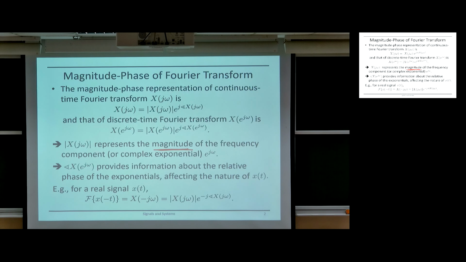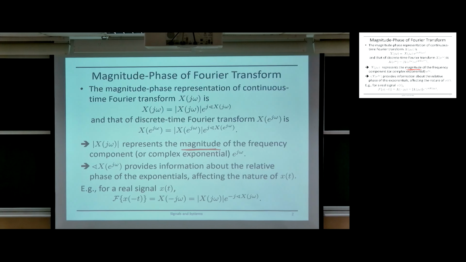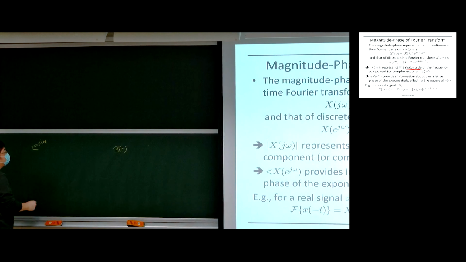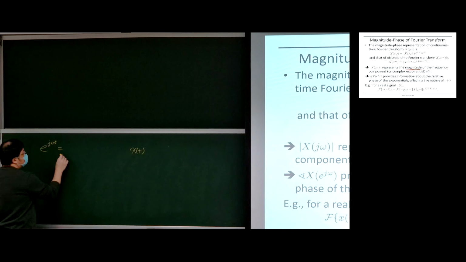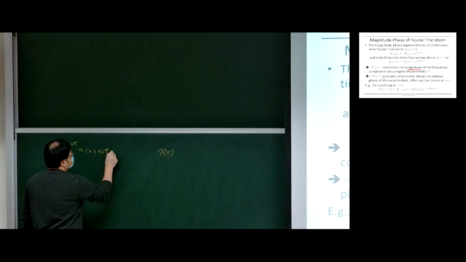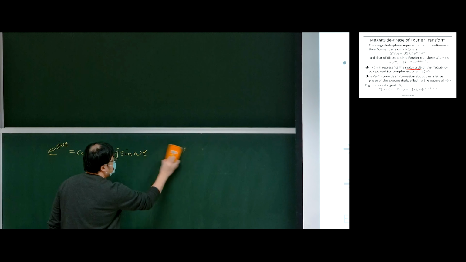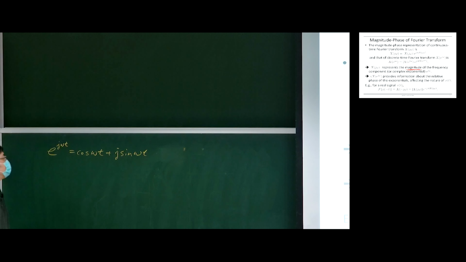So suppose that you have a complex exponential like this. By Euler's relation, this is cosine omega t plus j sine omega t. So this complex exponential is basically a sinusoid. And the phase tells you at what portion of this sinusoid you are observing at time t.